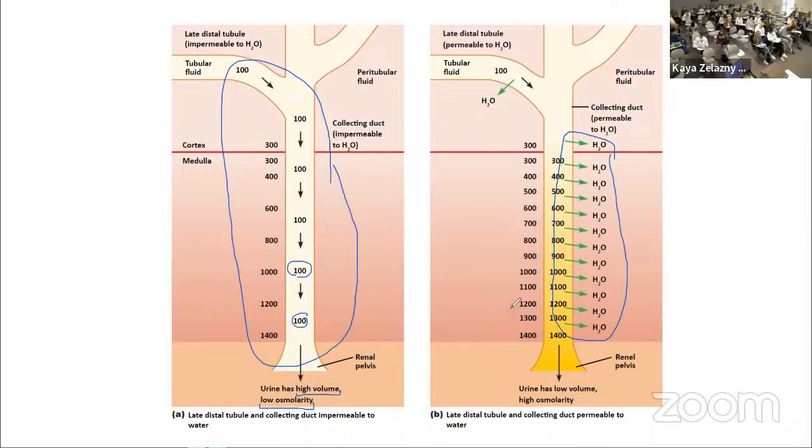And it does because of this pull from that medullary osmotic gradient. So we have lots of water move. We end up with urine that has all the water removed, so it has low volume, right? Because most of the volume of our urine is water, okay? And we have high osmolarity because we took all the water out.